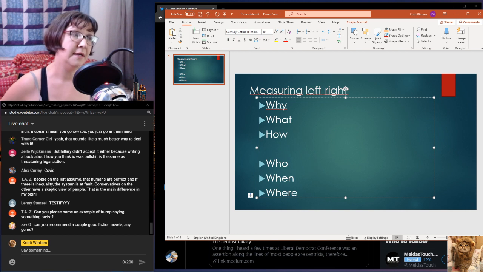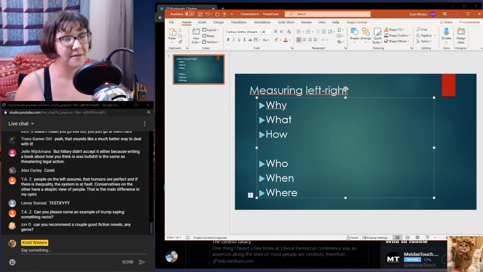And then how? Is it a 7-point scale? Is it open-ended and has to be coded? These are all challenges. So that is just the political scientist perspective on measuring left-right and all of the challenges we face.